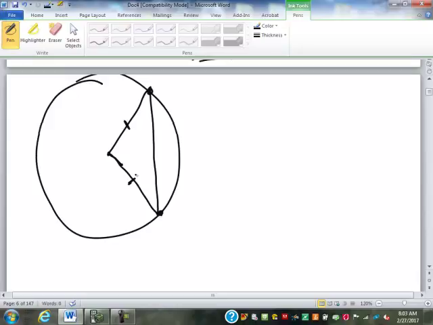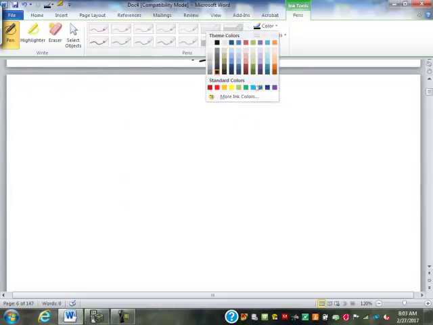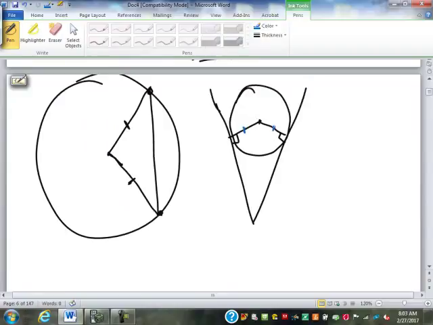Yeah, we're going to be dealing with chords. Or if you have a round piece sitting in a V block, same type of thing. Because of the way this is set, because those form right angles, this and this are equal.